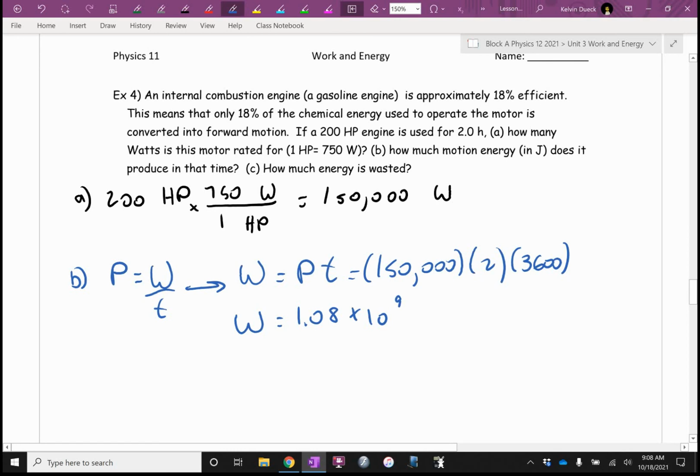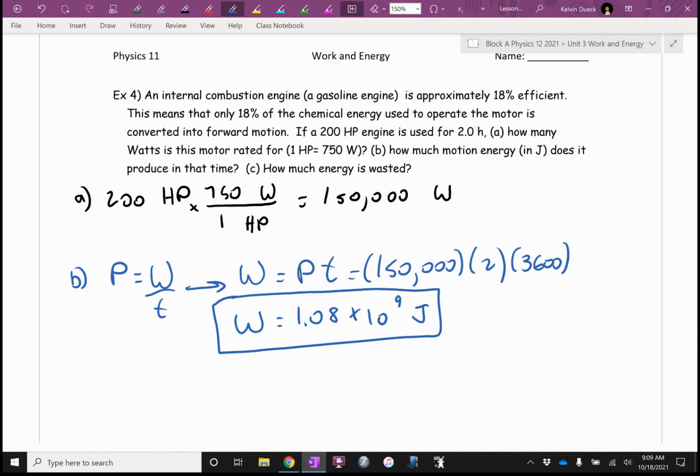Nick, what are the units for work? That's how I knew that this was asking me work. That's how much energy we got out. Or is it? Is this right?